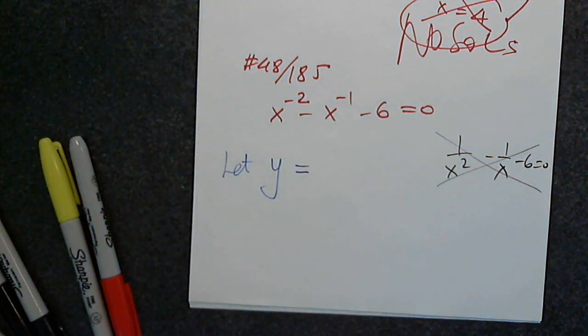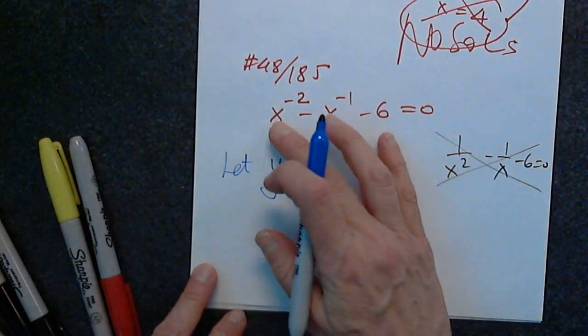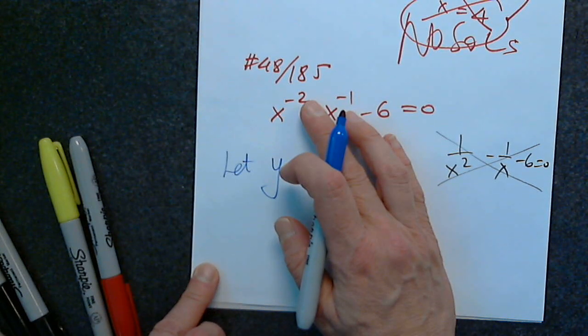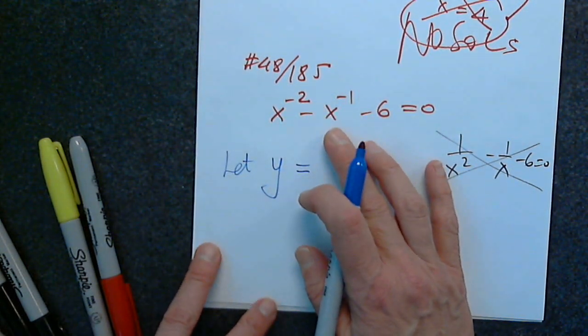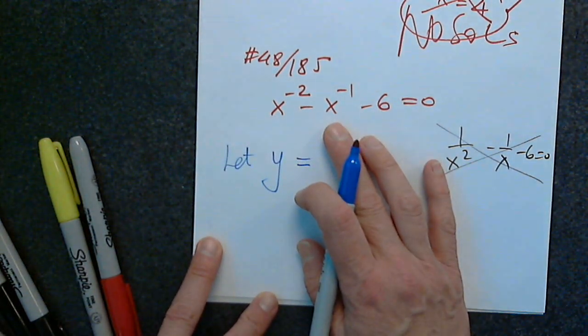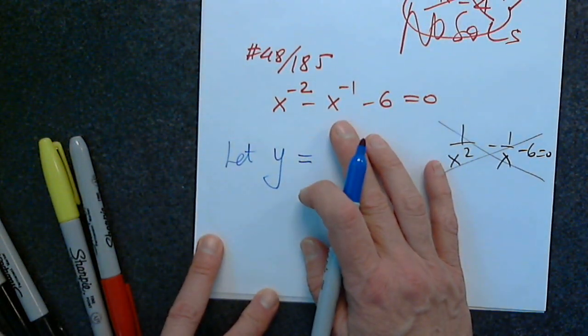So I have to choose the correct one so that the other one is y squared, if it is quadratic in form at all. So which one? The second one is squared, pretty much. Not really, but it's negative 2. So this is the one that I could denote by y.